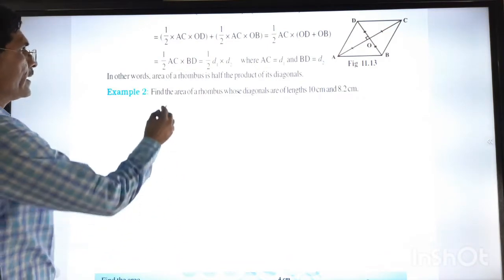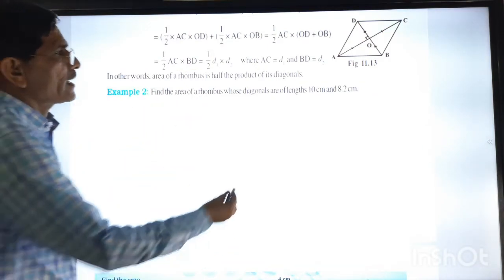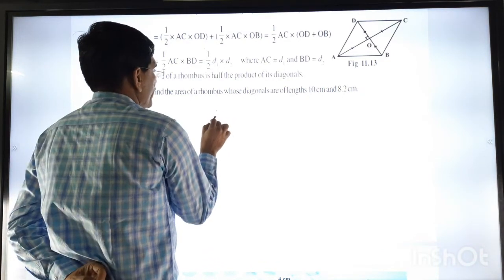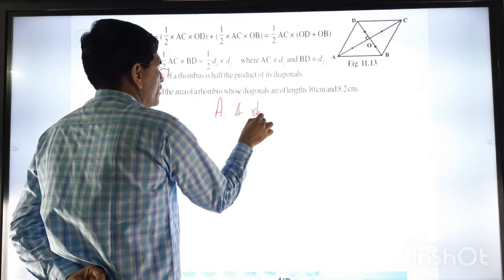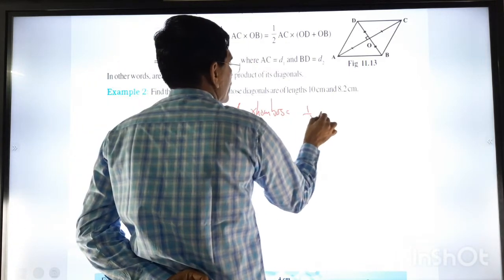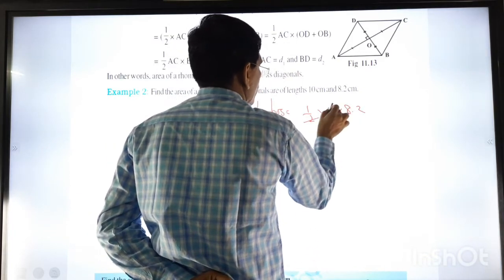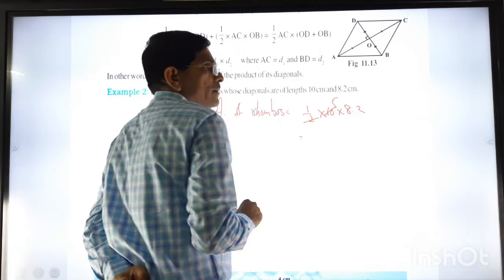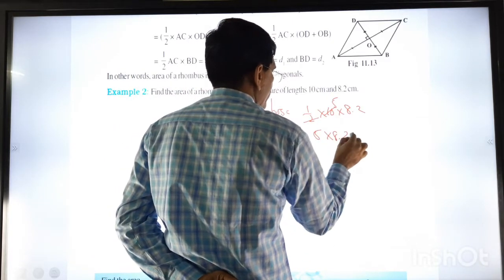Now a sum related to the area of rhombus whose diagonals are 10 and 8.2. So the area of rhombus is equal to half into 10 into 8.2. So 2 5s are 10, so 5 into 8.2.